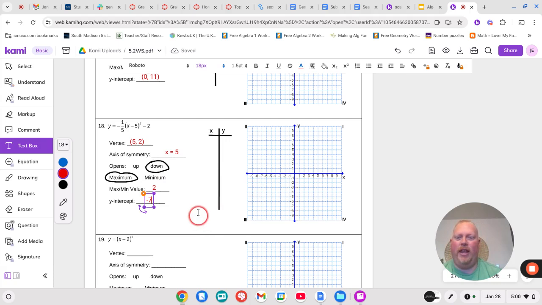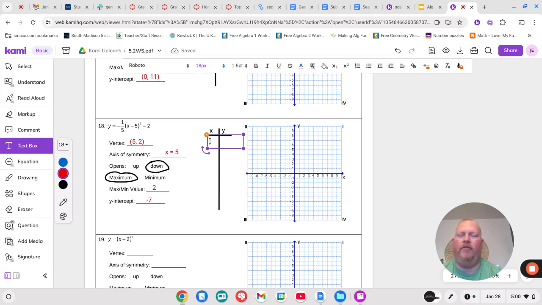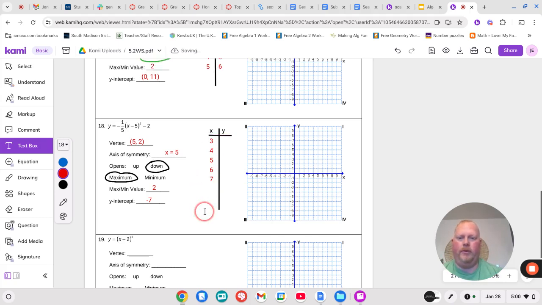So let's go ahead and make our list. Since my vertex, my x value is 5, I'm going to pick two numbers below 5 and two numbers above 5. So I'm going to do 3, 4, 5, 6, 7. And then I'm going to plug each of those in.